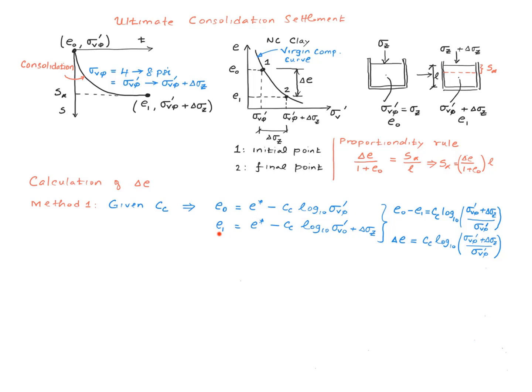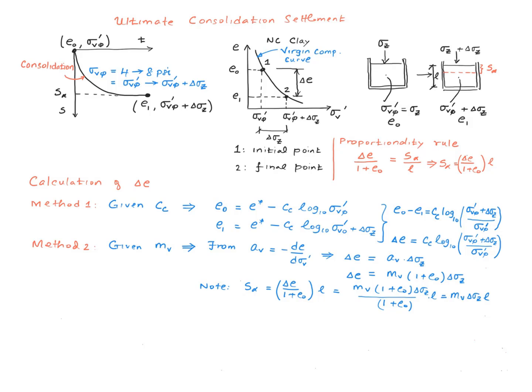And you repeat that for point 2, I get this equation, all right? Subtract one from the other, we get e naught minus e1, which is delta e. So delta e works out to be this. So given the final stress, initial stress, and the compression index, I can calculate the change in void ratio.